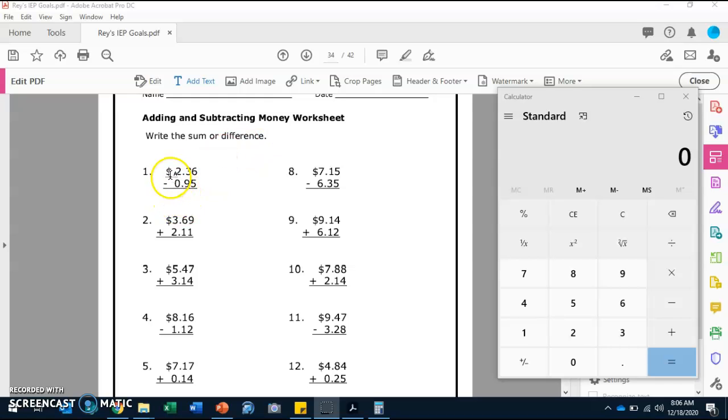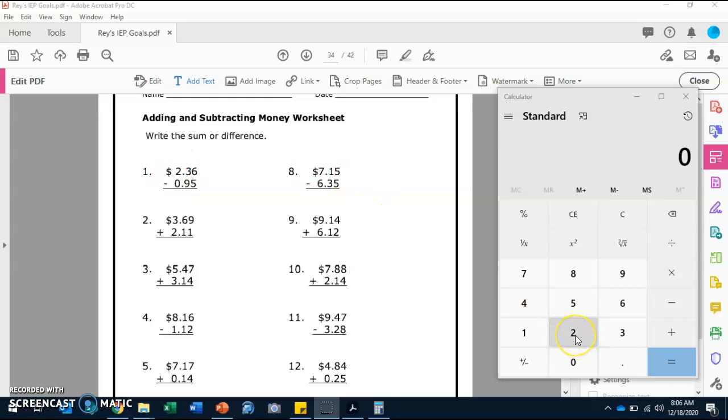So for number 1, they're telling us they have $2.36. But then for some reason, they have to take away 95 cents. So they want to know how much money they have left. So they're telling us here already that they're subtracting.